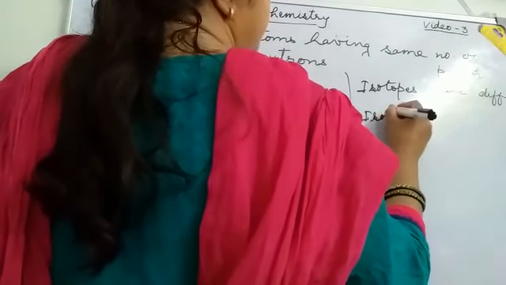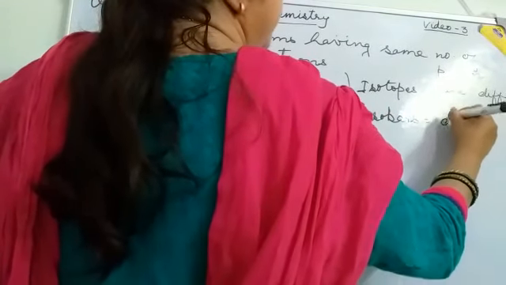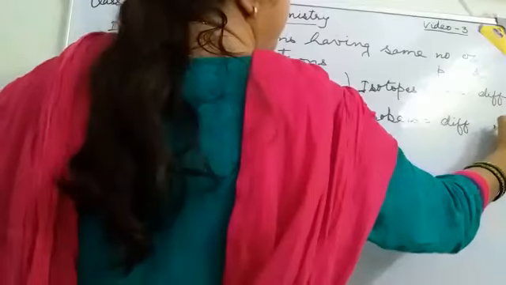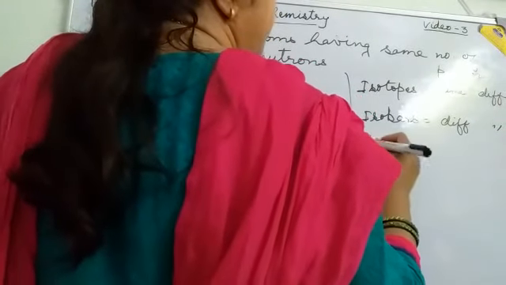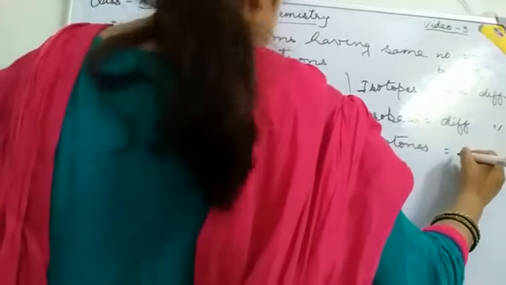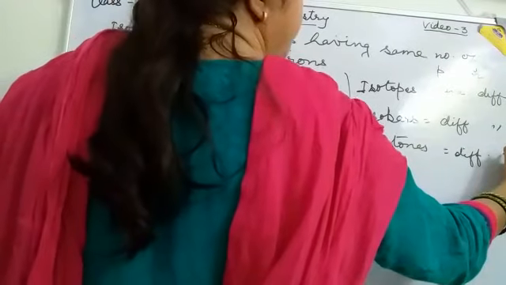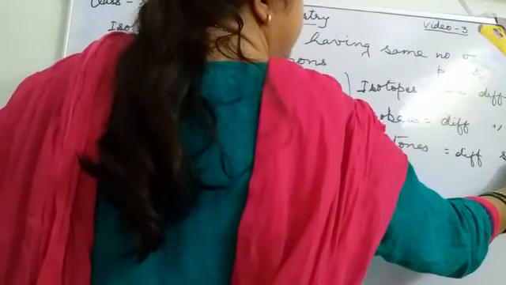In isobars, they have different numbers of protons and different numbers of neutrons, and in isotones they have different numbers of protons but the same number of neutrons.